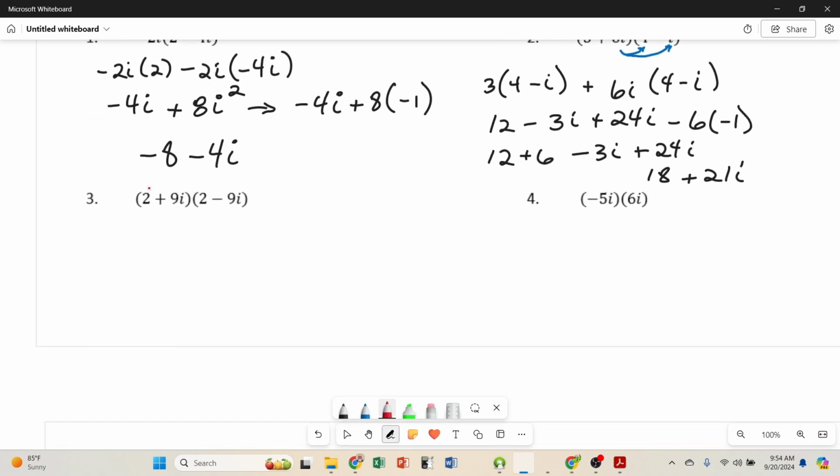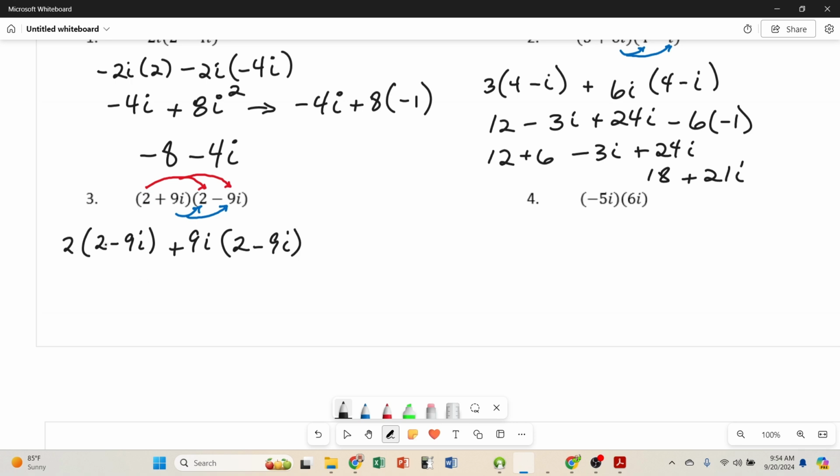Again, we're going to distribute. So 2 times 2 minus 9i plus 9i times 2 minus 9i.